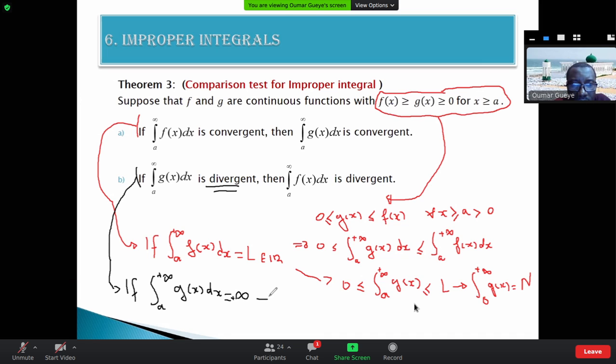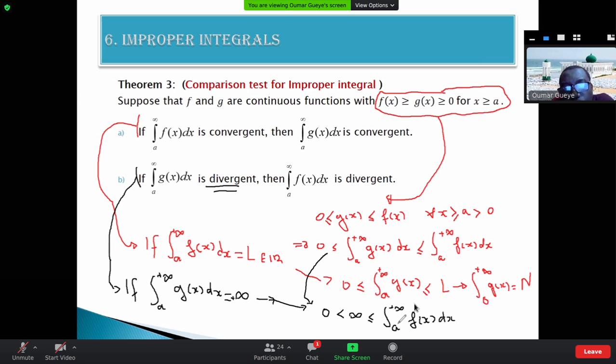In this case, when you combine these two situations, it means 0 is less than infinity, which is less than or equal to the integral of f, right? Because we proved the integral of f is greater than the integral of g. But as soon as the integral of g is equal to infinity, what can we conclude from here? Is it possible to get this integral equal to a real number?